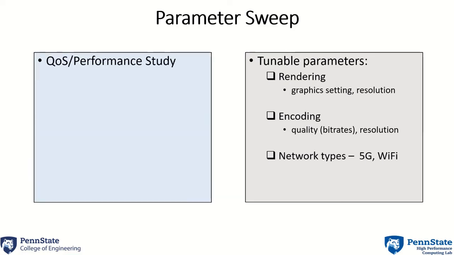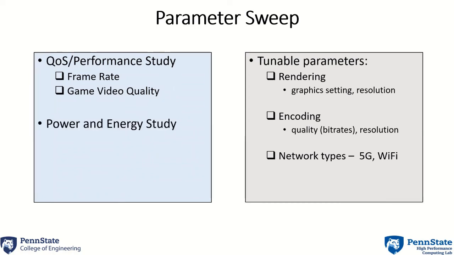We quantify the QoS and performance by measuring the frame rate and game video quality. And finally, we measure the power and energy consumption of the client devices with respect to different network types, encoding bit rates, and game types.